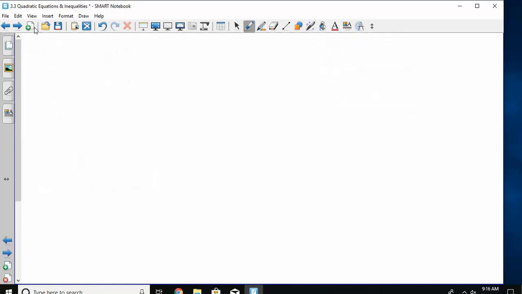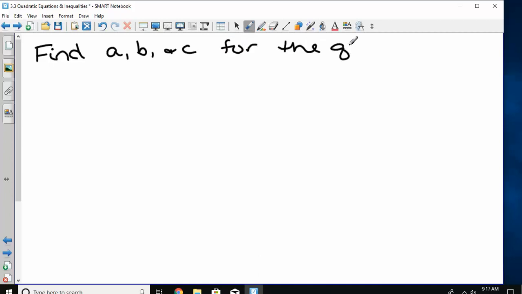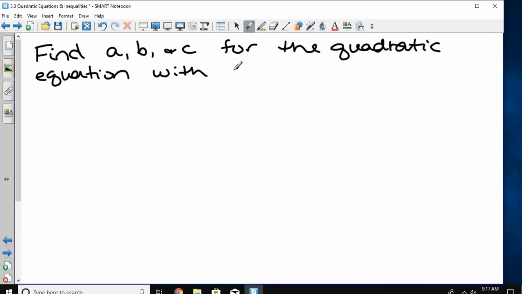I'm going to throw one more up here. There's a question like this on the Math Excel. So it says find A, B, and C for the quadratic equation with solutions x equals 8 and x equals -4.